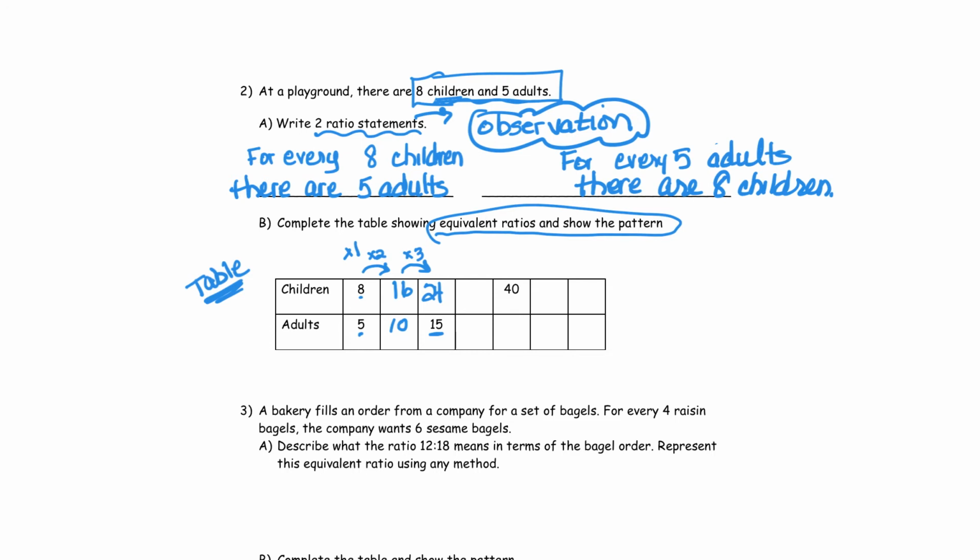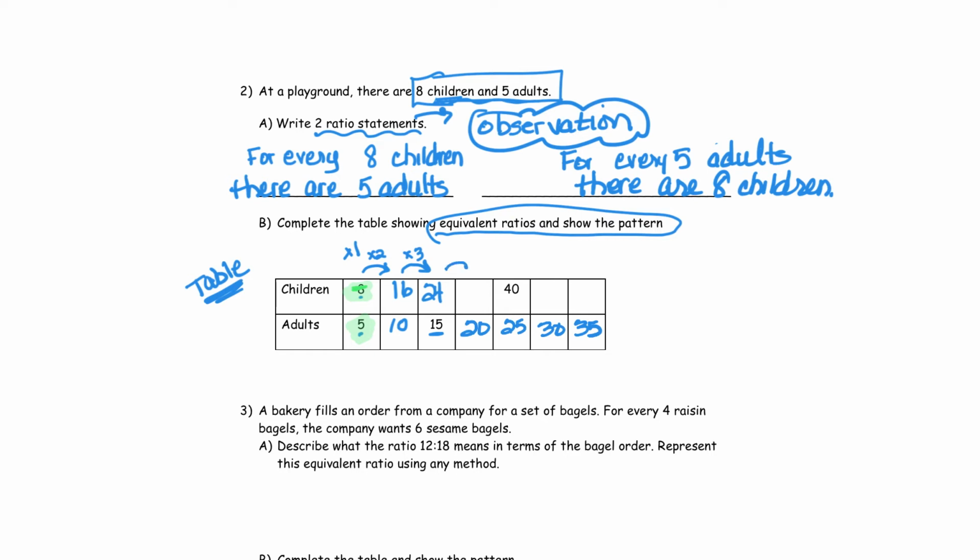So now all I see here for the top row for the children, I am counting by 8s. And for the adults, I'm counting by 5s. So now I'm just going to fill in the charts. And a lot of this is just sequencing and patterns and skip counting. So this is for the adults. I'll do 5, 10, 15, and then I see 20, 25, 30, 35. For the children, I'm going to add 8 each time. So 8, 16, 24.